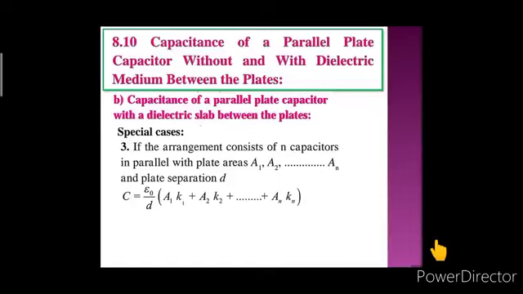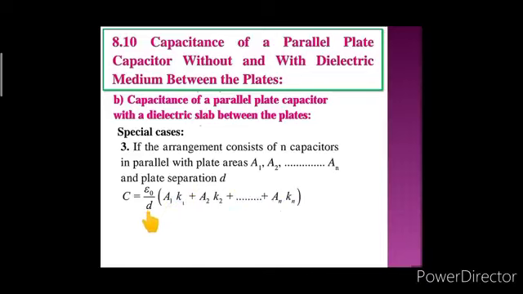Hence, epsilon naught A K upon d is to be written as epsilon naught upon d in bracket A1 K1 plus A2 K2 plus till An Kn. So over here, the arrangement consists of capacitors in parallel with plate areas A1, A2, An, and the separation between the plates is d only.